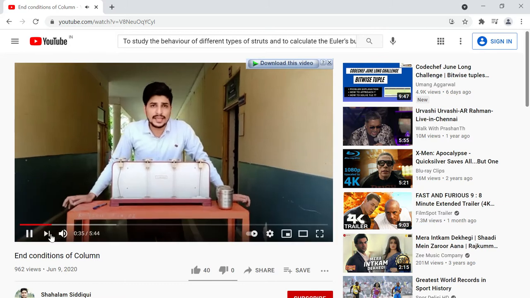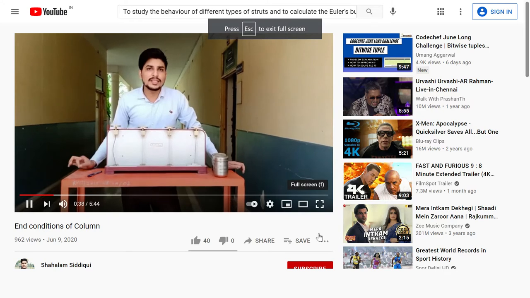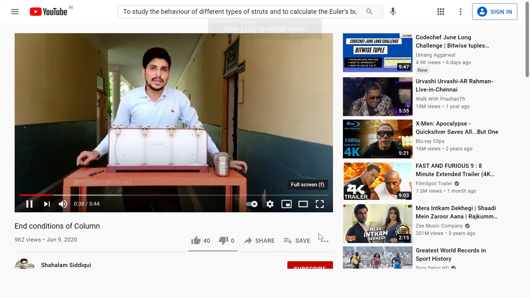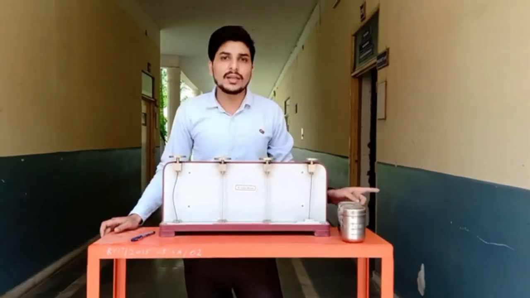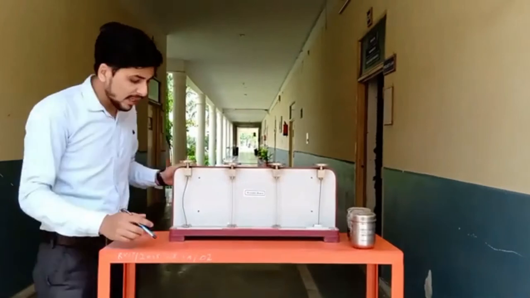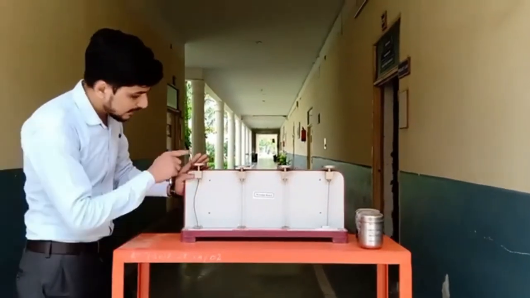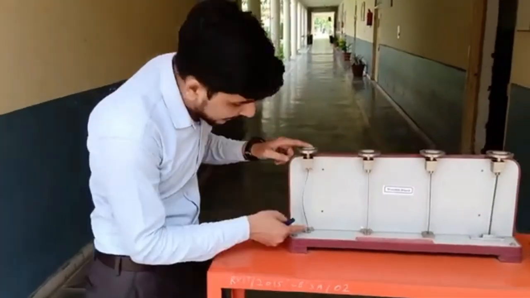First, both ends are fixed. Second, both ends are hinged. Third, one end is hinged and the other is free. And the fourth is one end hinged and the other fixed. The first end condition is both ends fixed.